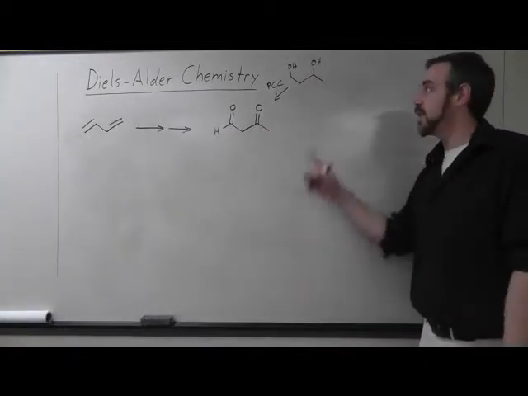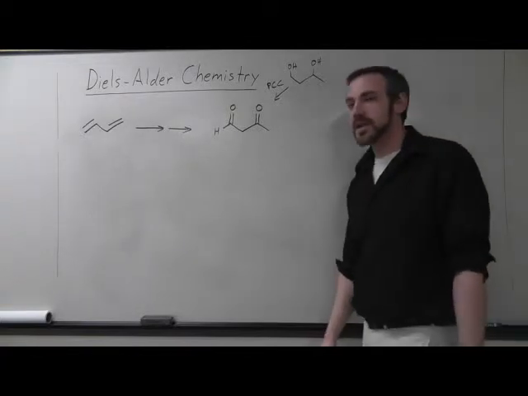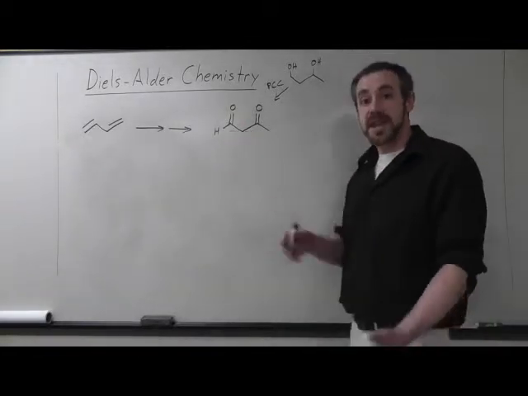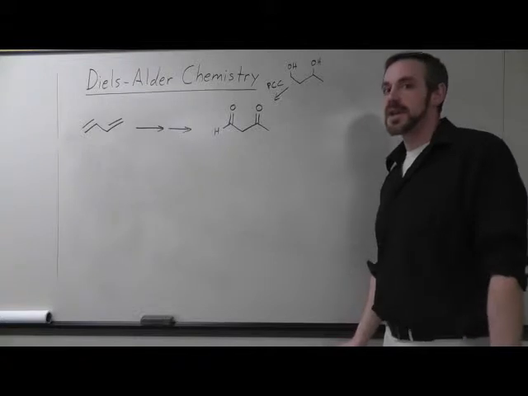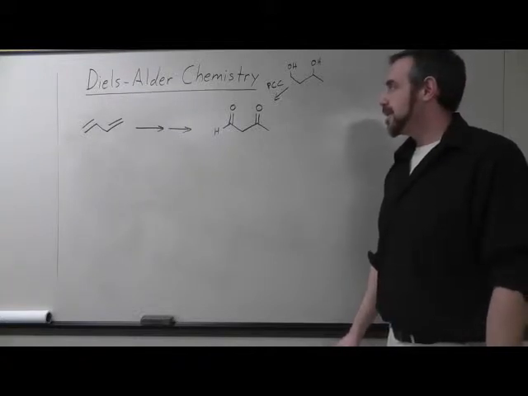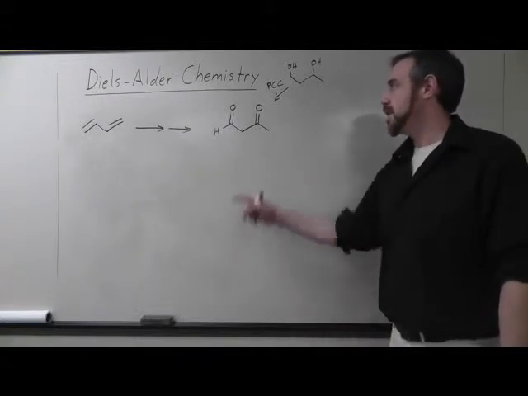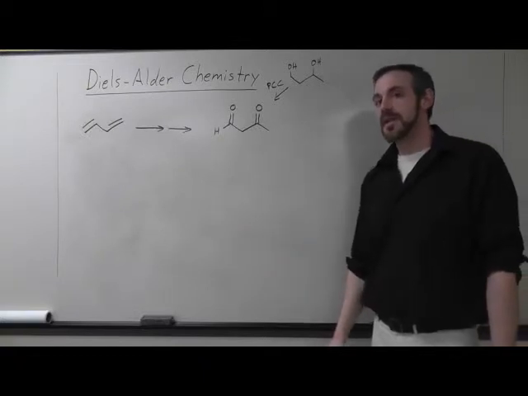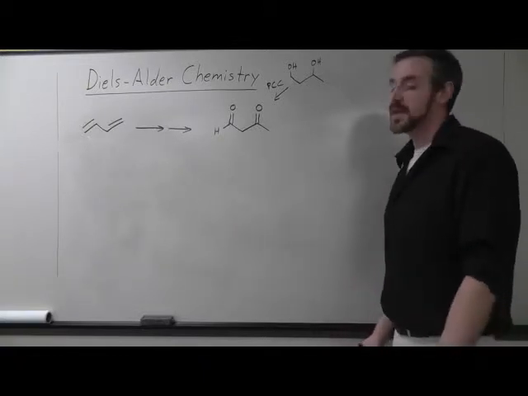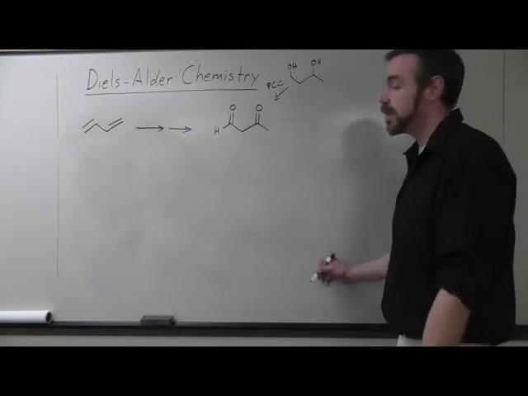So that's one thought of how to get there. The other way we recently learned how to make aldehydes and or ketones was through ozonolysis. As a hint, think of a molecule that could make this as an exclusive product using ozonolysis. It wants to be symmetrical.